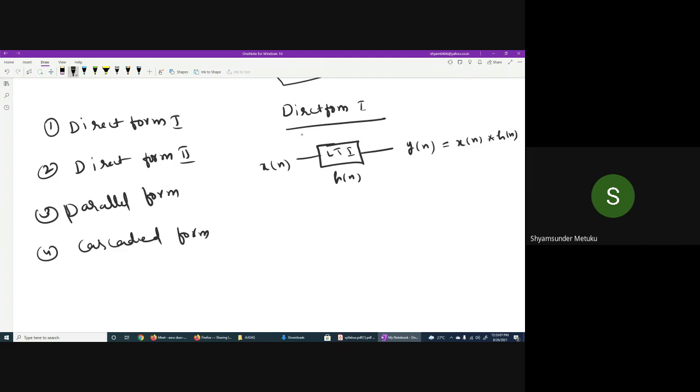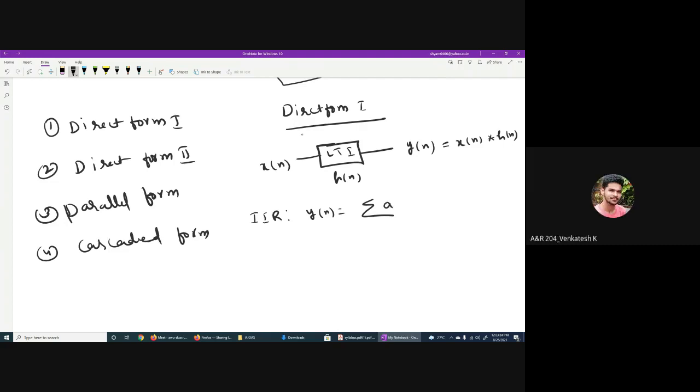Now I'll take the IIR equation again first. What does the IIR equation say? y of n is equal to... you can tell me, I will write that. The difference equation for the IIR generalized notation.